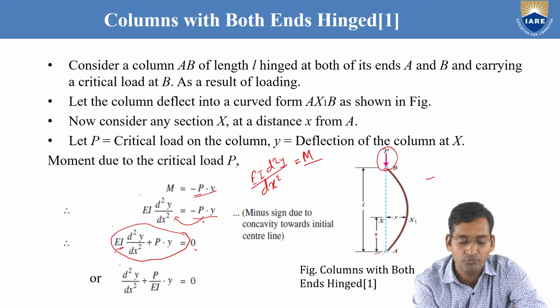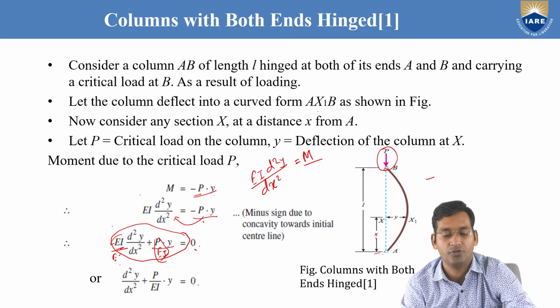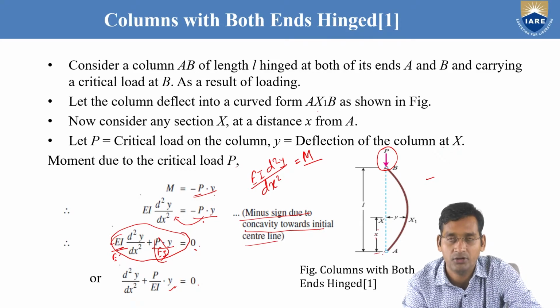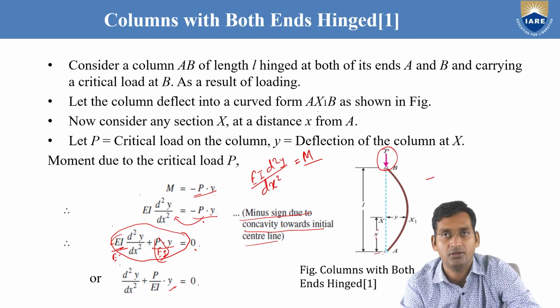So what we will do, divide each term by EI. After dividing by EI, the EI cancels and here it will be P by EI. So we can write this as d2y by dx square plus P by EI, this constant term, times y equals 0. Just in a simpler way we wrote. Clear? As you see, the minus sign is written due to concavity towards the initial center. So this is the concave one, and that is why there is the minus sign.